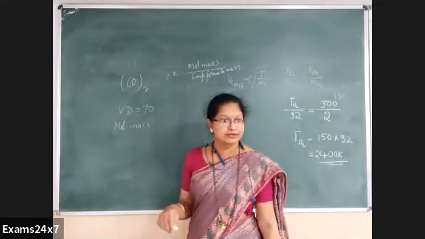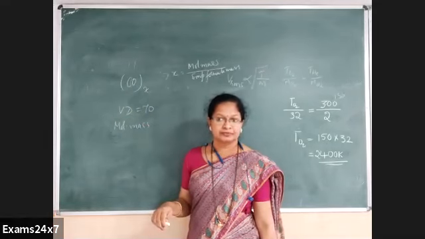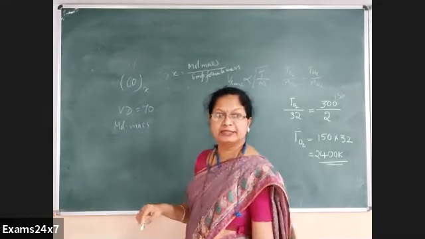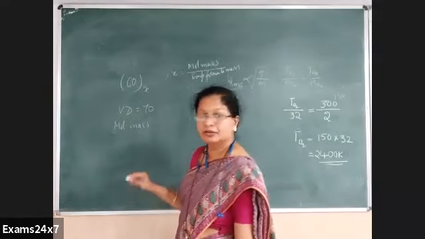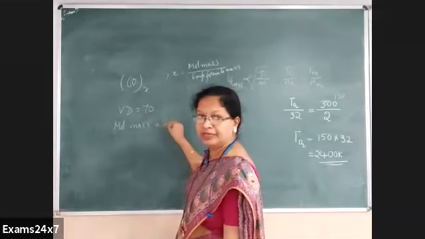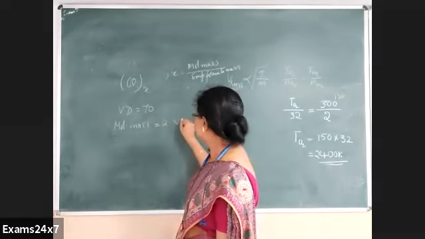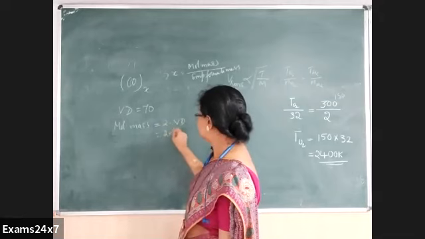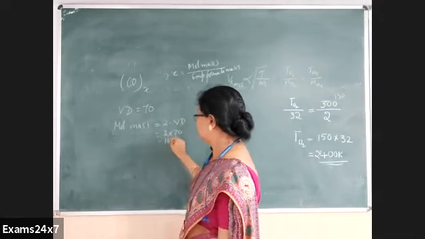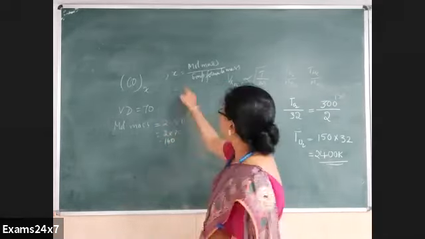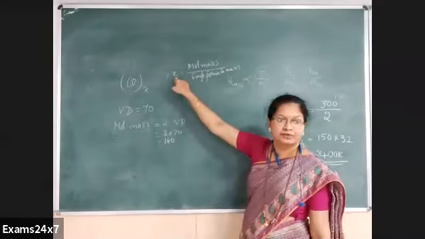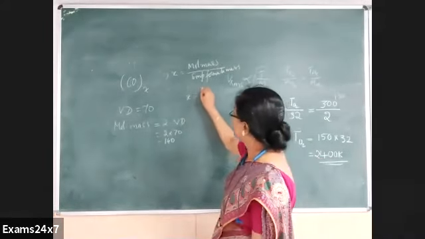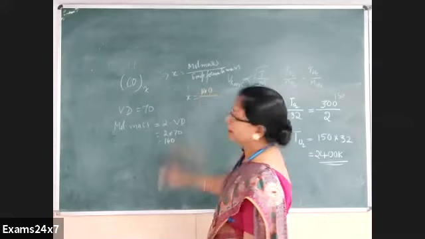From vapor density, what is the relation? Vapor density and molar mass relation. Molar mass equals 2 times vapor density, right? So this is 2 times 70, 140. We have to find X here. What will be X then? Molar mass is 140. Divide by empirical formula mass.